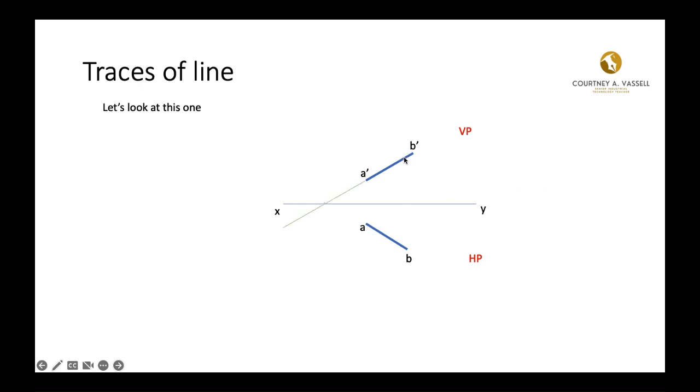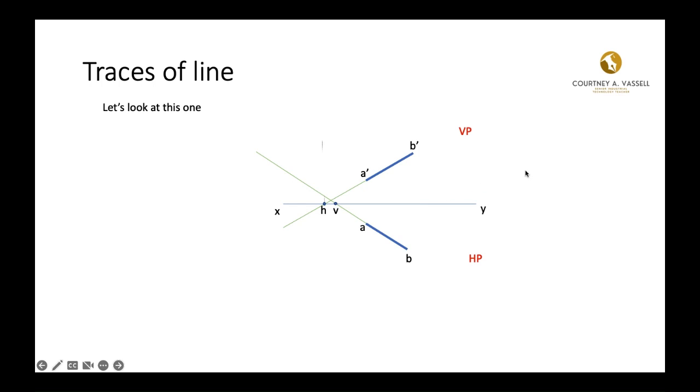If we extend this line, remember, we're coming from V, so what will we have here? H. All right. Similarly, we extend this line from HP, so we should get what there? V. So this would be the horizontal trace, and this would be the vertical trace.